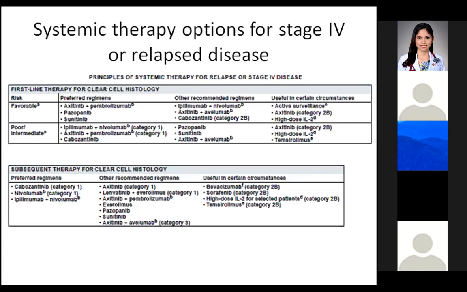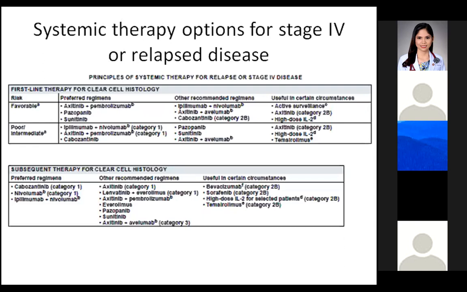So axitinib is a selective second-generation inhibitor of VEGF receptors 1, 2, and 3. And they have included axitinib as first-line treatment option category 2B for use under certain circumstances for patients of all risk groups. Pero pag sinama mo ng pembrolizumab, it becomes a first-line recommendation para sa favorable risk group na clear cell RCC na metastatic.